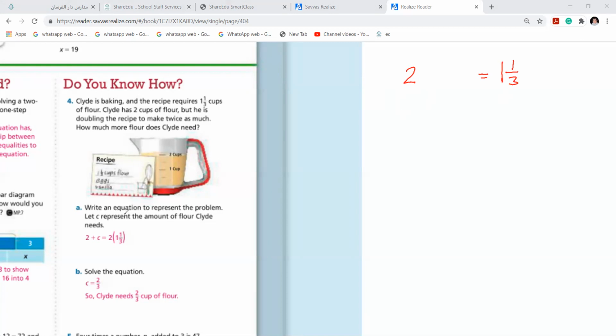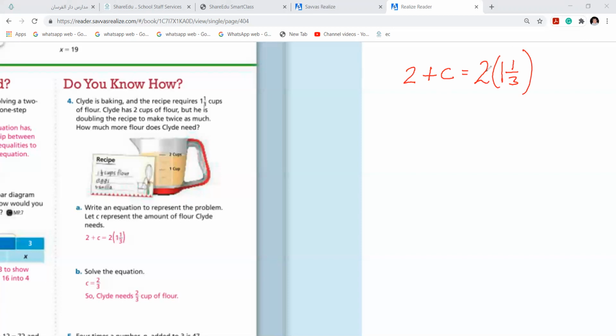Now write an equation to represent the problem. Let C represent the amount of flour she needs more. 2 plus C, because I don't know, and in total she needs 2 times. Clearly they told us 2 times, doubling the recipe to twice.